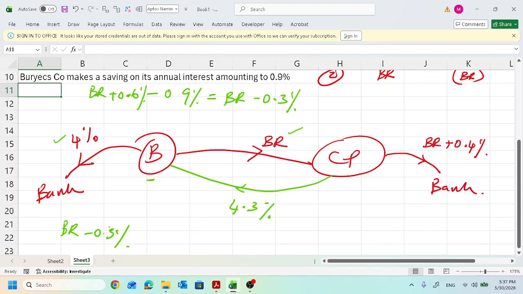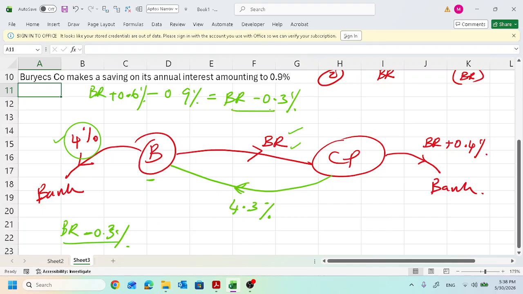I want minus 0.3. So I have to cancel this 4 and another 0.3 has to come in. Then it will be minus 0.3. Because minus I have, not plus. So already BR is going out, and I put another 4.3 coming in. So that comes as BR minus 0.3. The expected rate is achieved.